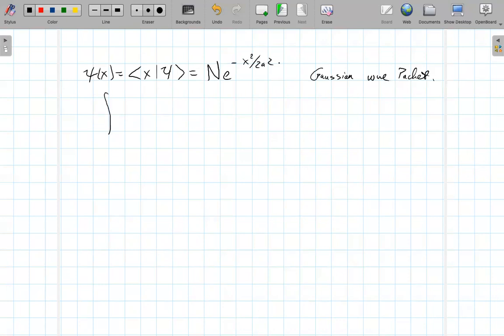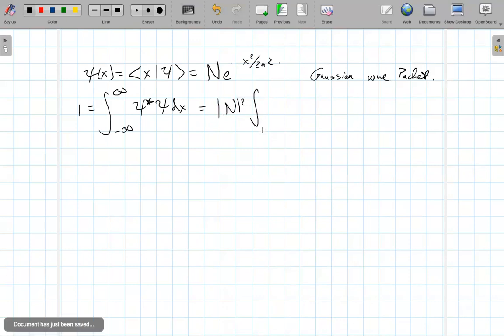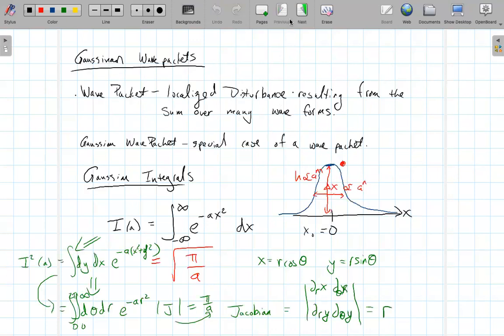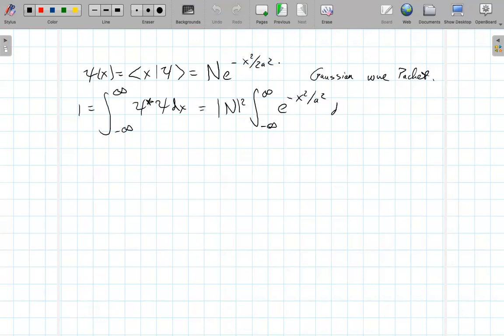To do that, we say that 1 is equal to the integral from minus infinity to infinity of psi star psi dx, which is equal to the modulus squared of the normalization constant times the integral of e to the minus x squared divided by a squared dx.